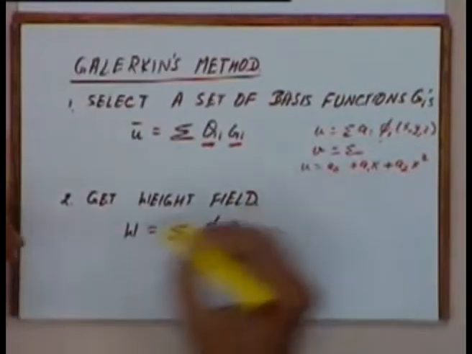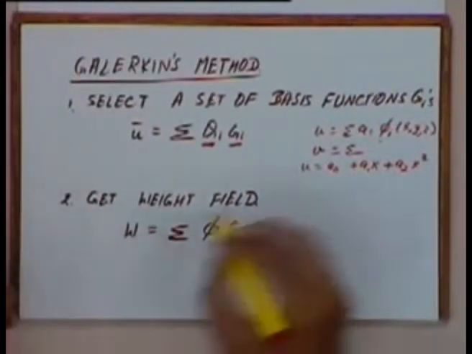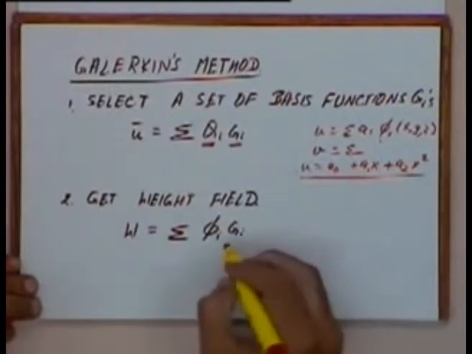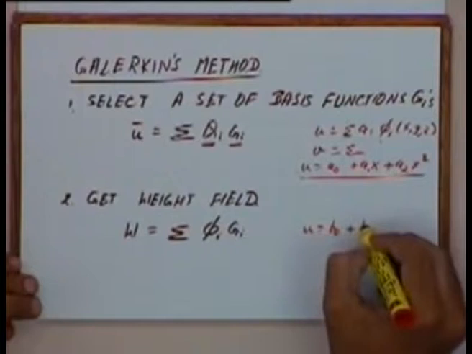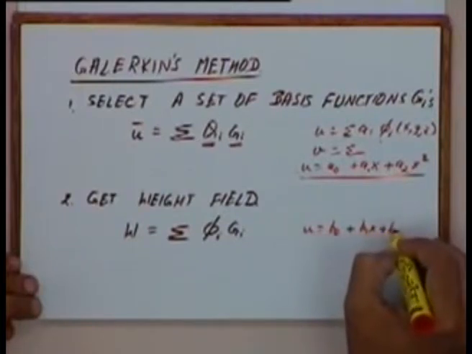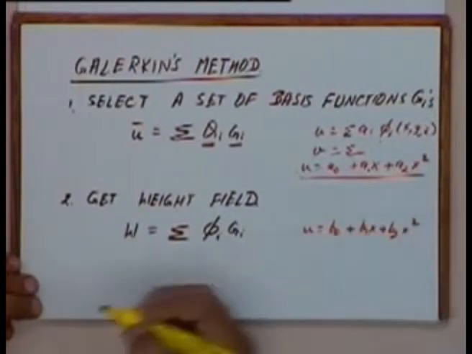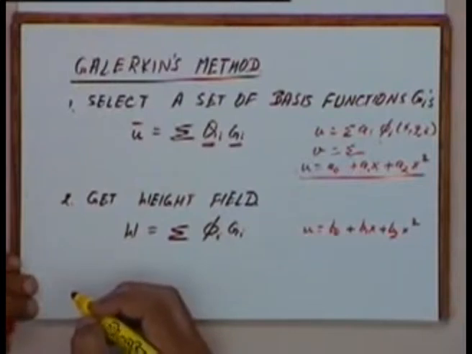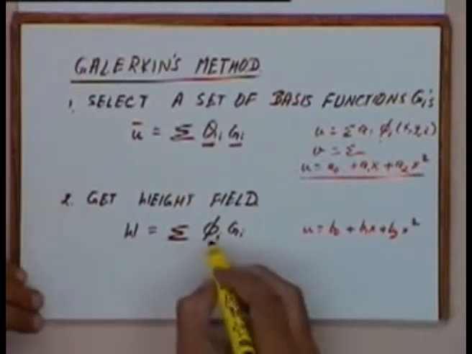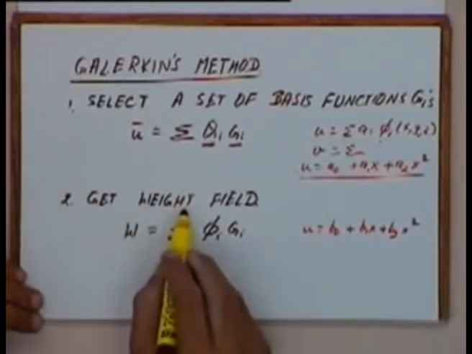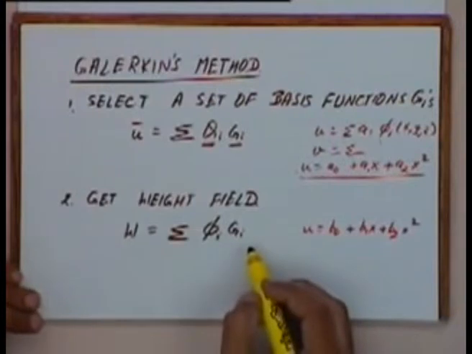So if this was u over here, then maybe the weightage will be given as b0 plus b1x plus b2x squared. Okay, so we will give a weight field which will be given by this.